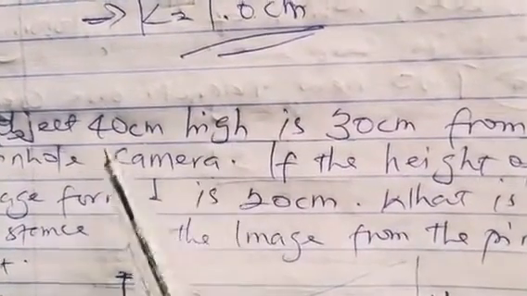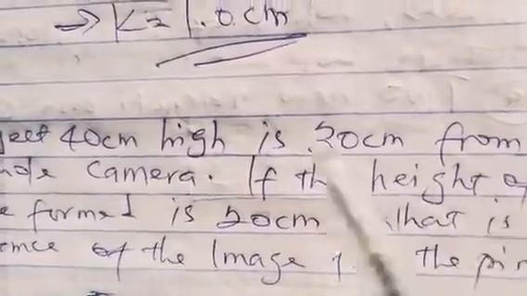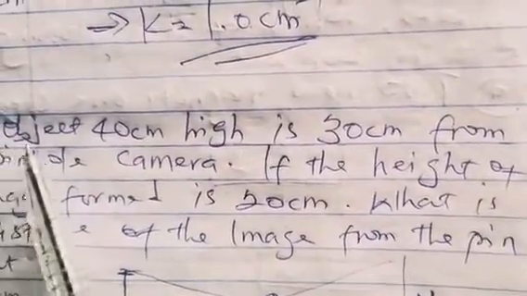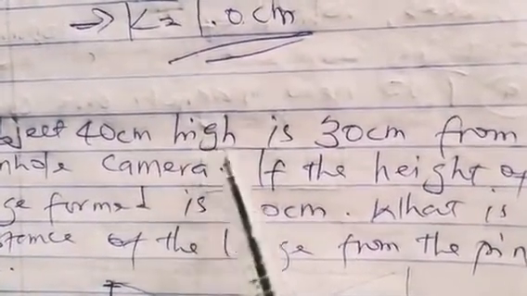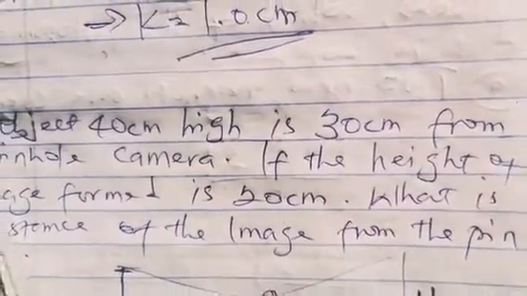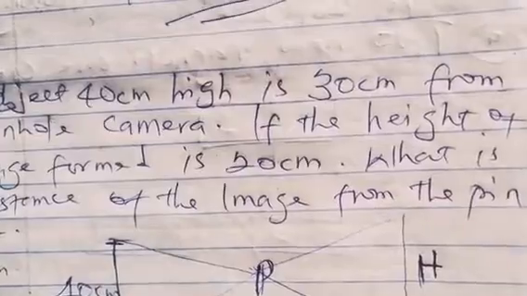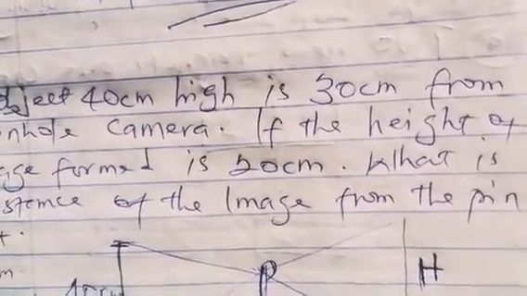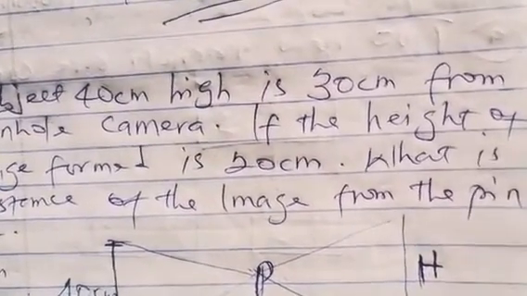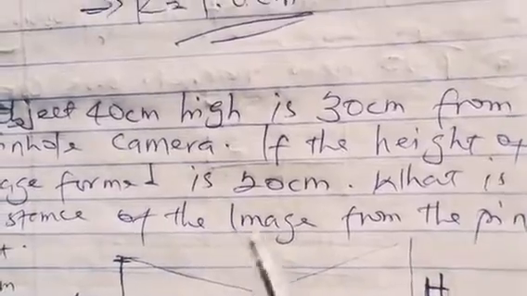They said an object 40 centimeter high is 30 centimeter from a pinhole camera. So this is the object, and the distance of the object from the pinhole camera is 30 centimeter.